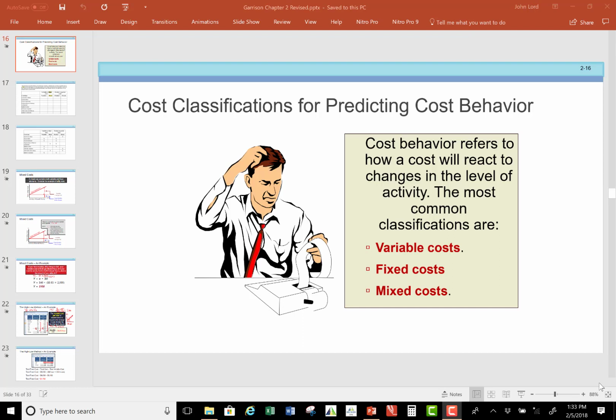We started out talking about various types of cost, and we had our manufacturing cost. And manufacturing costs, we said, were what? Our direct materials, DM.